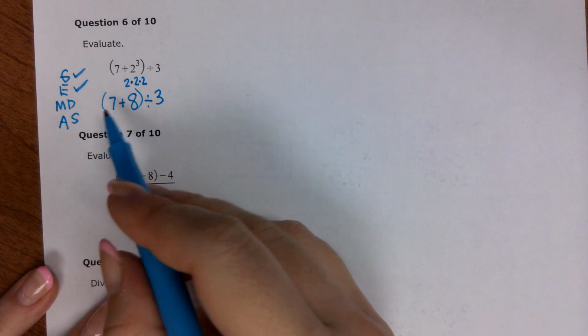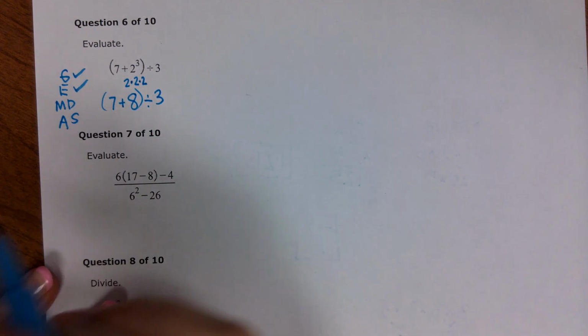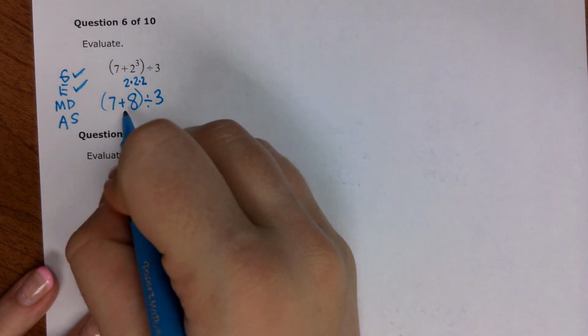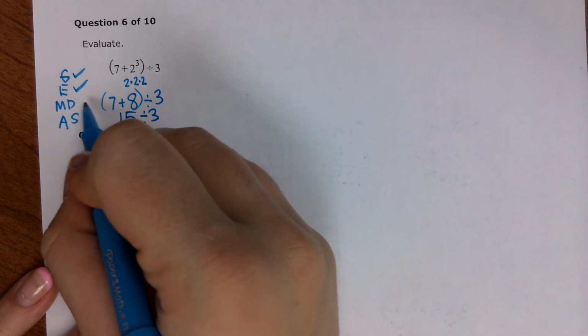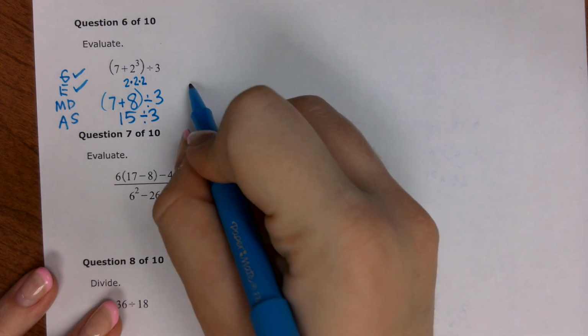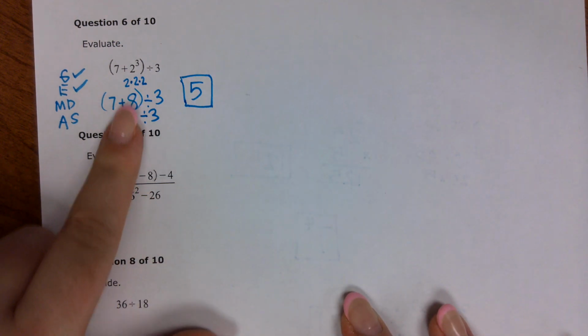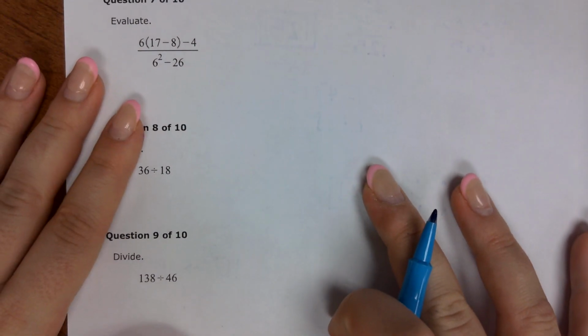Oh, my bad. We did not finish. Sorry, we did not finish the grouping. So we just did the exponents in the grouping. Now we have to solve that out. So now we do 15, and then we have 15 divided by 3. That's now what step we're on, and 15 divided by 3 is 5. So that would be our answer. Sorry, I just made a mistake when I was talking about that.